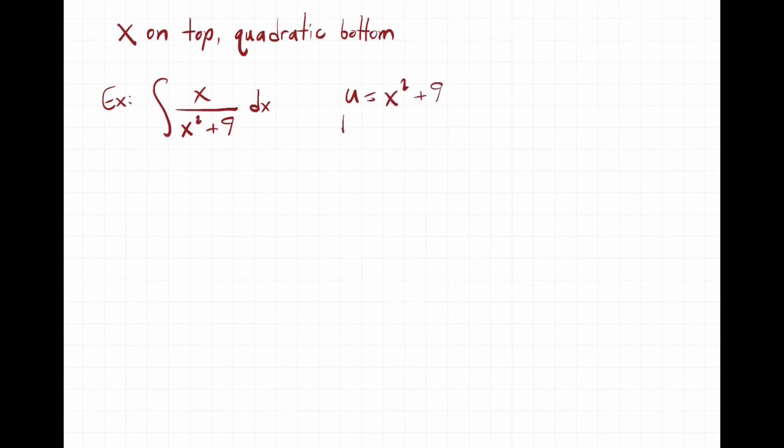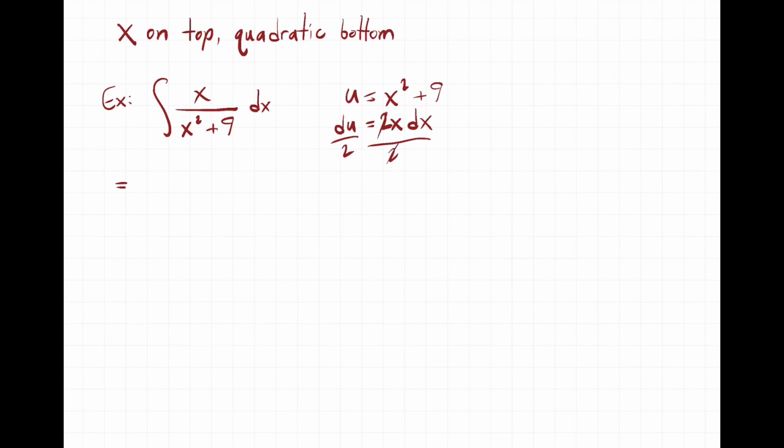So our du is the derivative of this. du equals 2x times dx. And guess what? We're in luck. There's an x times dx showing up in our integral, right? The x is on top, the dx is on the side, but really the dx is on the top. We could divide by 2, cancel those out. That's easy enough, right?